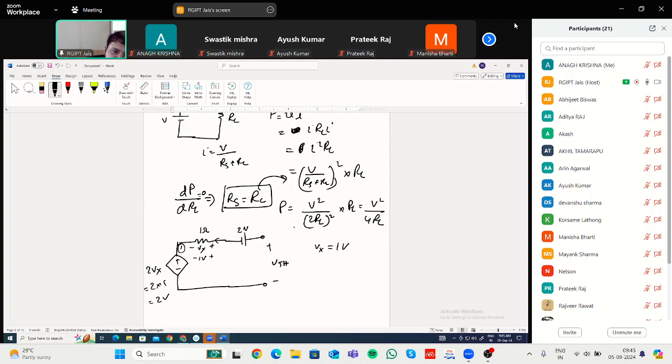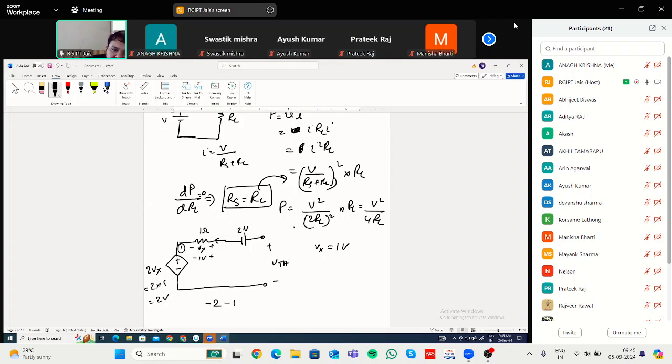Moving in clockwise direction, you are applying KVL. You are facing the minus sign first, so minus 2.